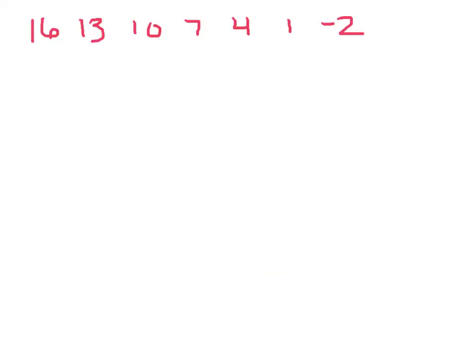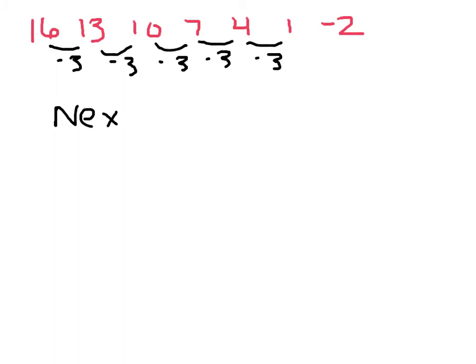Let's take a look at this sequence both explicitly and recursively. First of all, let's verify that it does have a common difference. I have to subtract 3 each time. And so this is an arithmetic sequence. If it's an arithmetic sequence, I'm going to figure out, to get the next term, what do I do to the previous term?